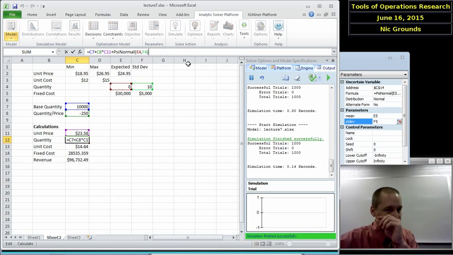Quantity maybe is the most complex one because it has both a normally distributed term, so PSI normal with a mean of 0 and a standard deviation of 10, but it also has a computed portion, which is simply the base quantity, that 10,000, and I did plus because my value here is negative, so really it's minus 250 times the unit price, which is cell C11.